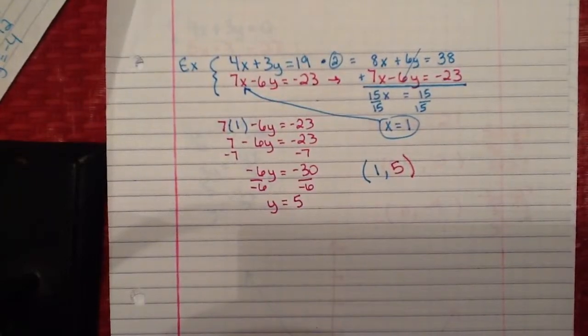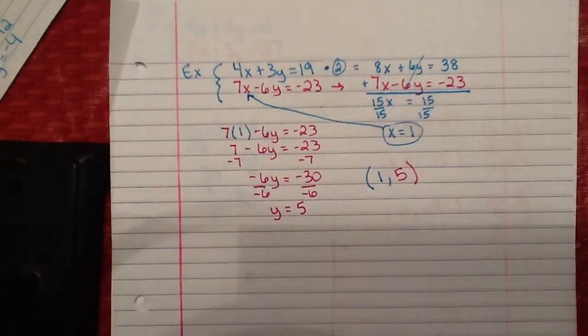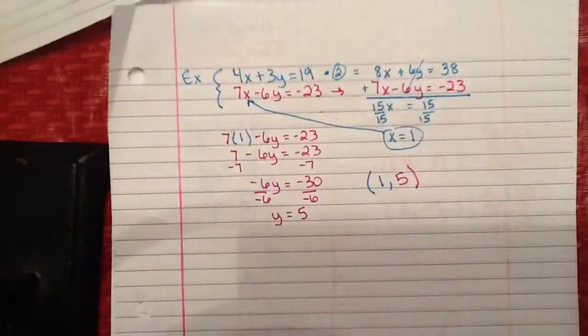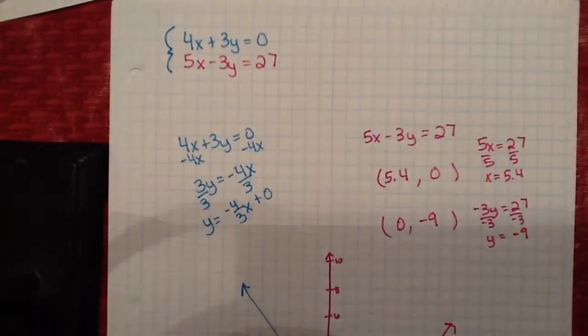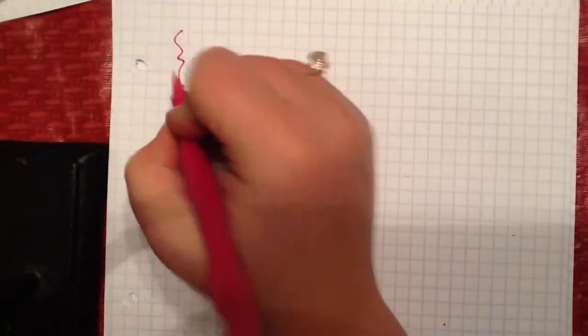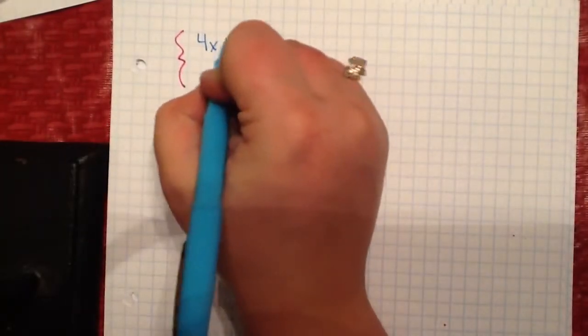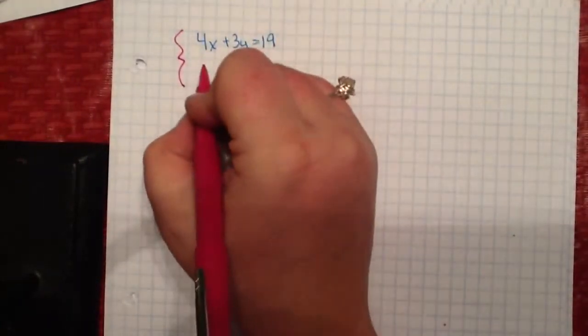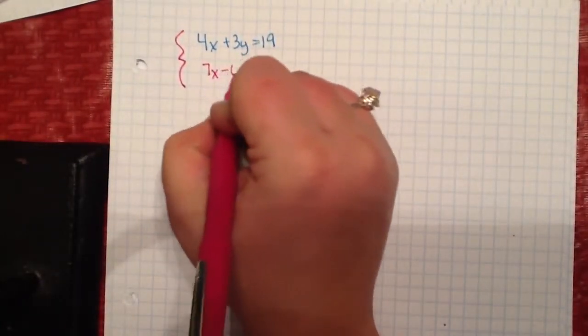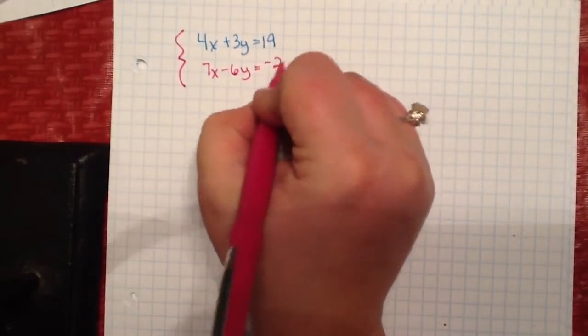And if we would like to check by graphing, we certainly can do that. We don't have a graph set up, so we need just a second to get one on here. Okay, so we had our 4x plus 3y equals 19, and we had 7x minus 6y equals -23.